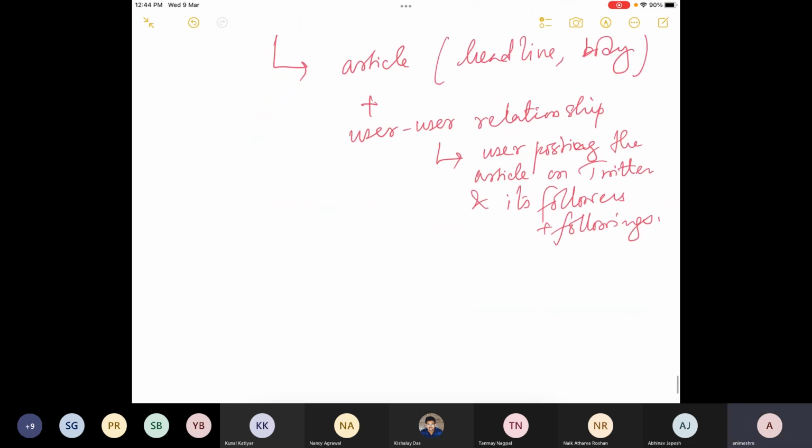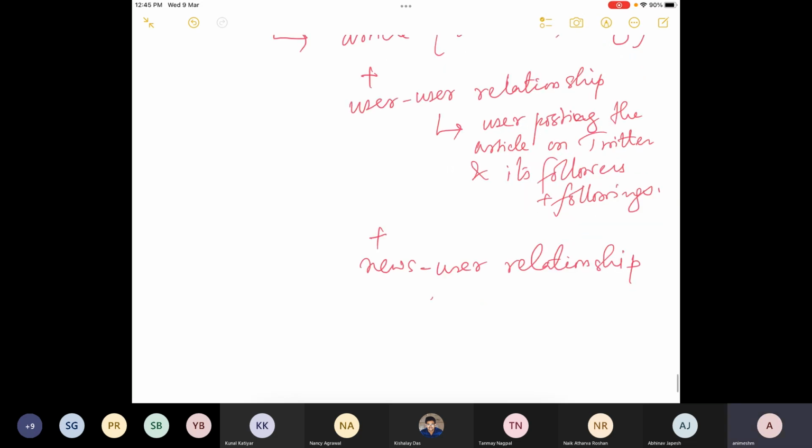Okay, these are there, as well as there were news user relationship, which is who tweeted as well as retweeted a news article.